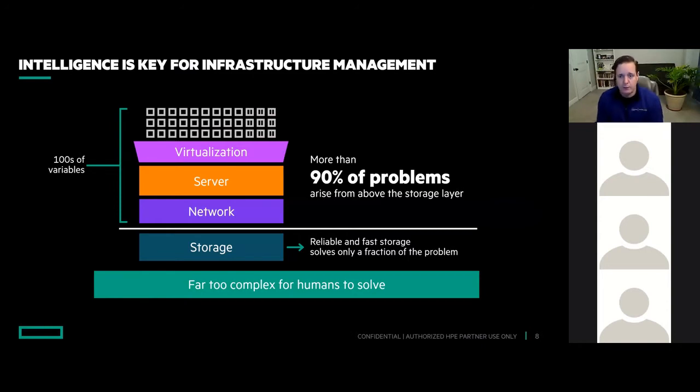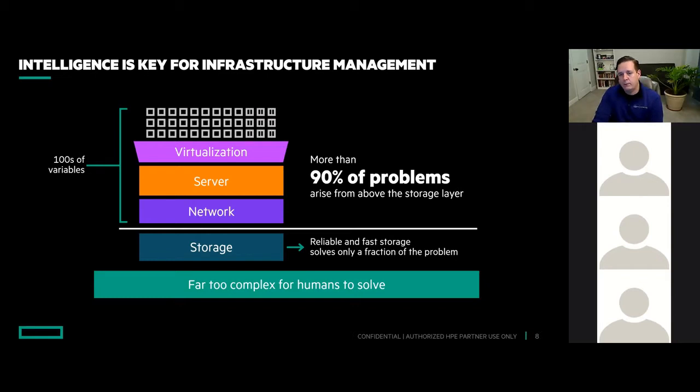And Nimble support learned a long time ago that in order to really be a world-class support organization, they had to look well past the product that they were supporting. And in IT, having reliable and fast storage really only solves a portion of the problem, especially as their environments become more and more complex.